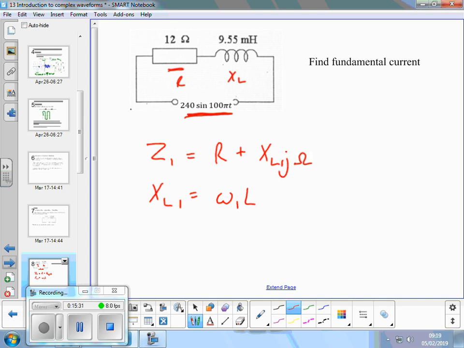So that is 100 pi times 9.55 times 10 to the minus 3. We push the buttons on that, somebody, please.